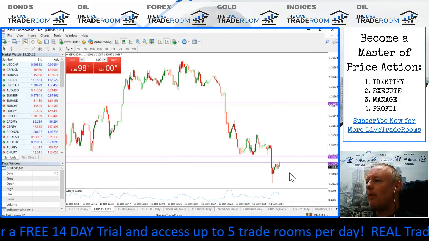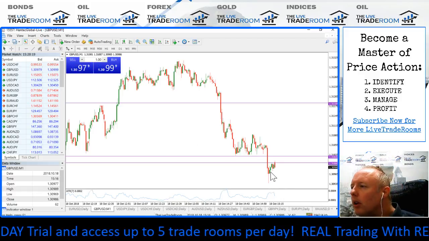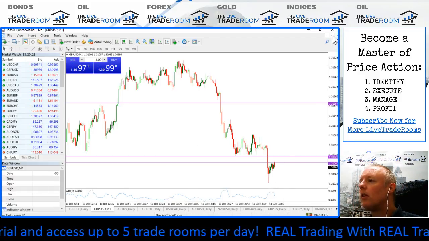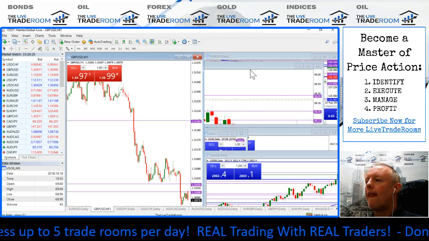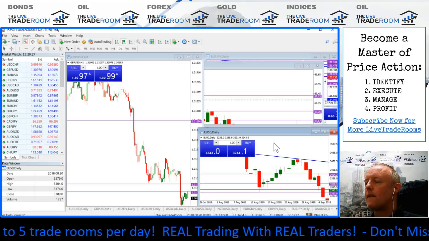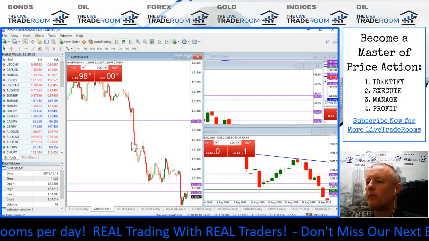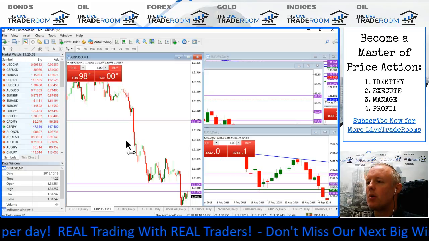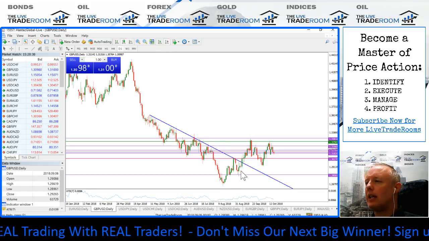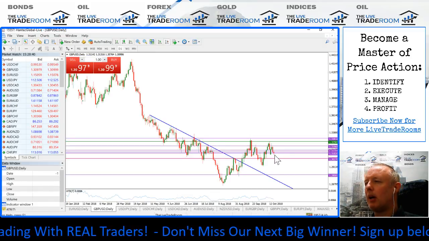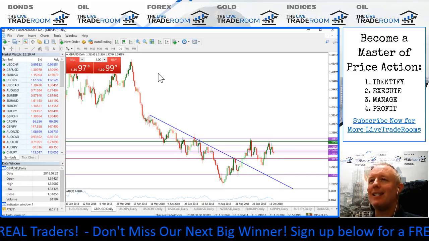Okay, so now we're getting this little bit of pullback price action. The reason why we like that 3100 level is that we're now sort of breaking back below this level, with the potential for it to squeeze down to the 3027.